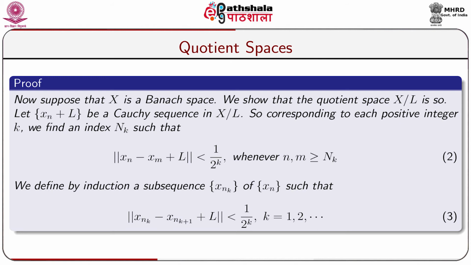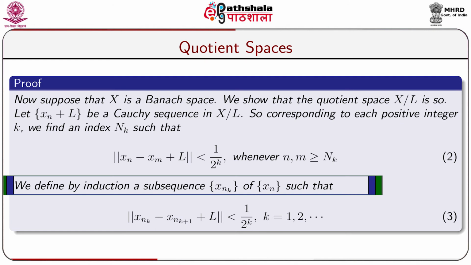This step comes from norm of xn plus L minus xm plus L being equal to norm of xn minus xm plus L, and that is why norm of xn minus xm plus L is strictly less than 1 by 2 to the power k whenever n comma m are greater than or equal to nk. This is equation number 2.